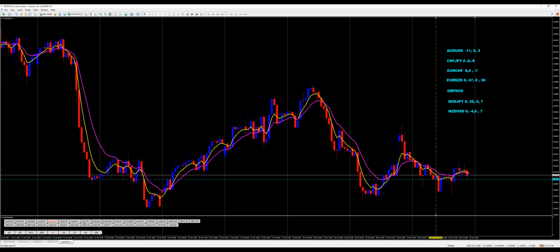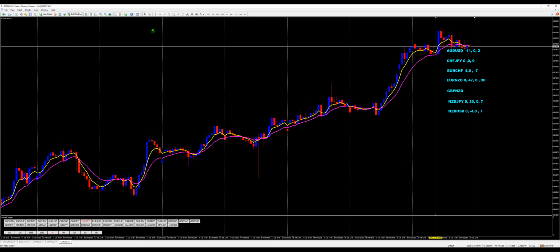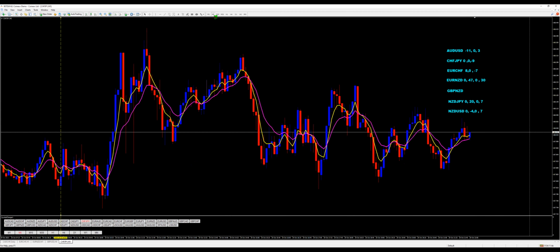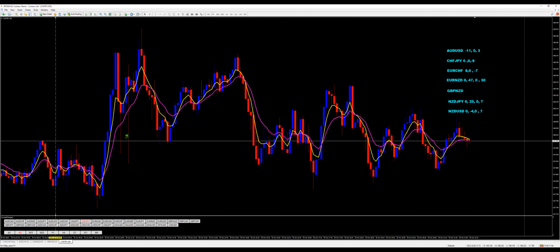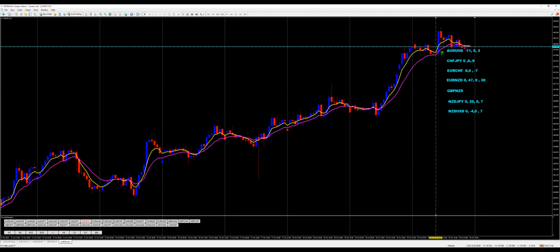Let's see where the Swiss yen is. Swiss yen is a long, 5 minute. Trade is right there. With the H1. And this one finally gave you 17 pips.